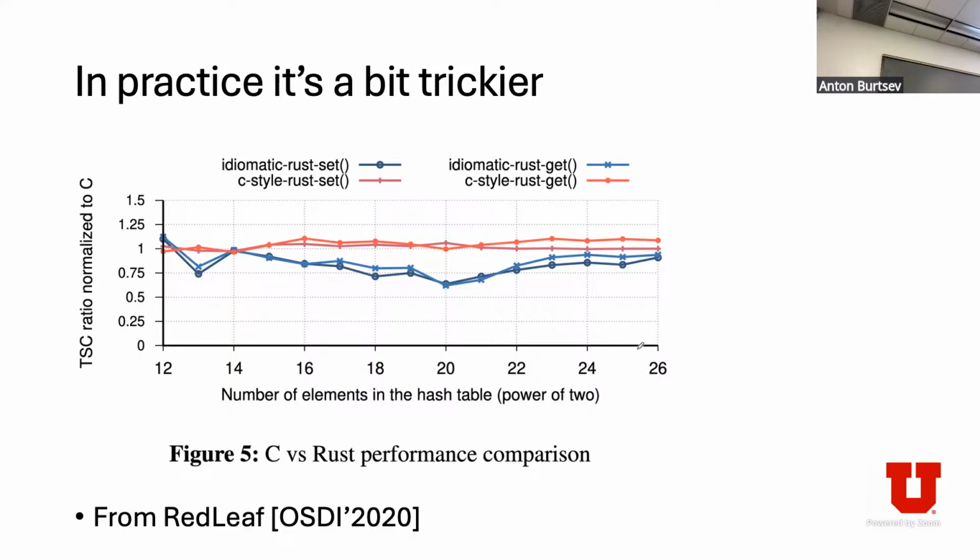The blue lines are idiomatic Rust, where I'm following the Rust book as a good student. It's kind of soft here, especially at 20, I think that was size 2 to the 20. It drops to some ridiculous number, which cannot be published in the paper, right? So that's not ideal, and in general it lags behind.